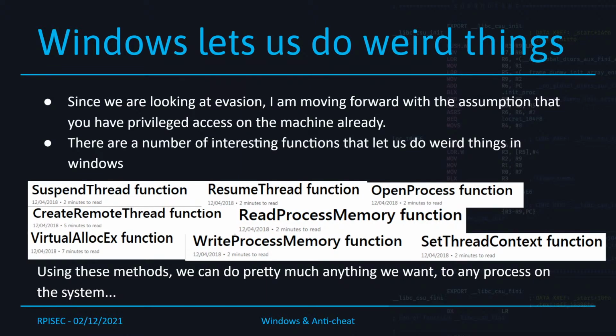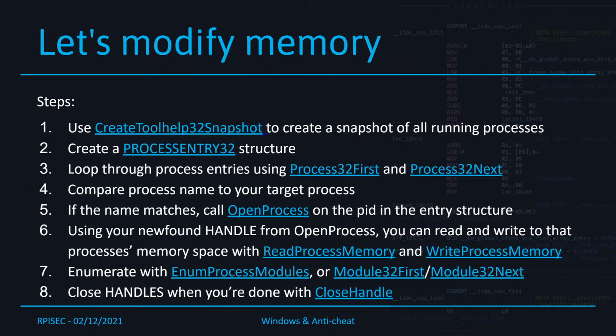A nice smorgasbord here: we have SuspendThread, ReadProcessMemory, WriteProcessMemory. Those all sound quite useful. So assuming we have the privileges for these, we can do pretty much anything we want to anything on the system.